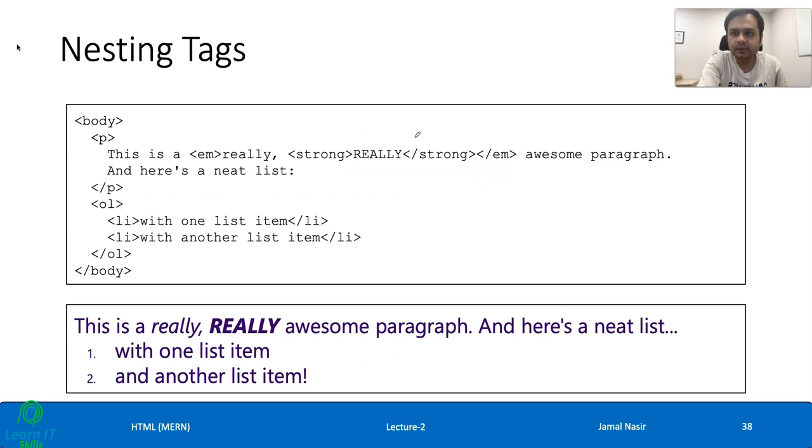Nesting tags. Obviously you can see that in a paragraph, we can add some inline tags only, right? So this is really awesome paragraph and here's neat list. This is the output of this program, right?